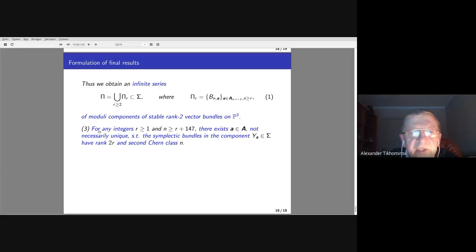This is an existence result: for any integers r at least 1 and charge at least r plus 137, there exists a sequence A in this bold A, not necessarily unique, such that the symplectic bundle in the component from our infinite series has this prescribed rank 2r and second Chern class n.